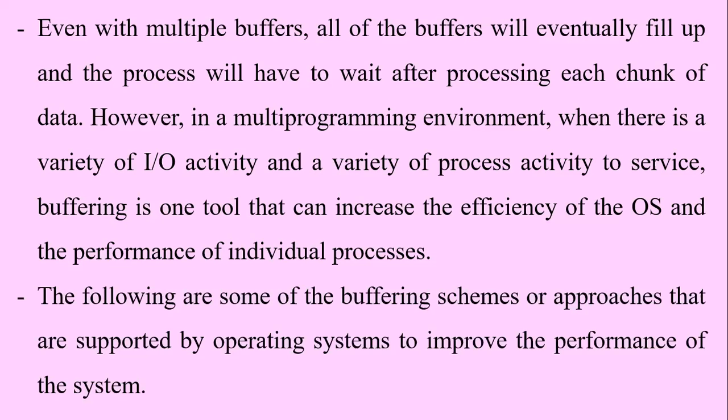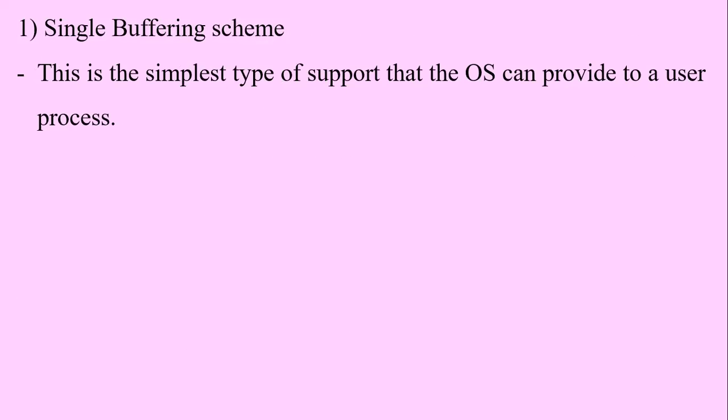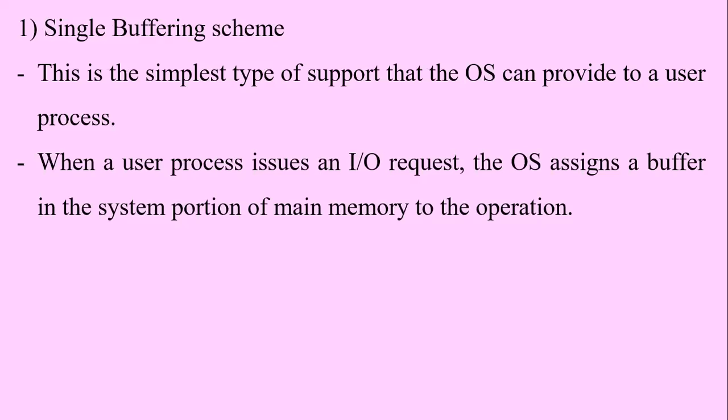The following are some of the buffering schemes that are supported by operating systems to improve the performance of the system. Number one is the single buffering scheme. This is the simplest type of support that the operating system can provide to a user who issues an I/O request.